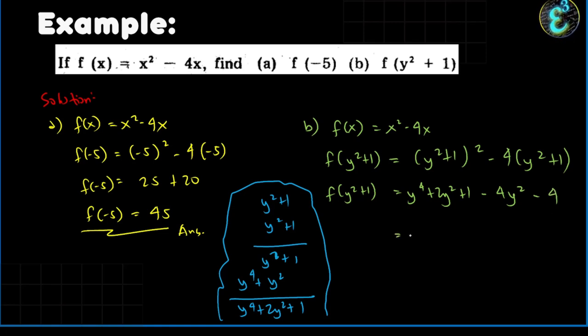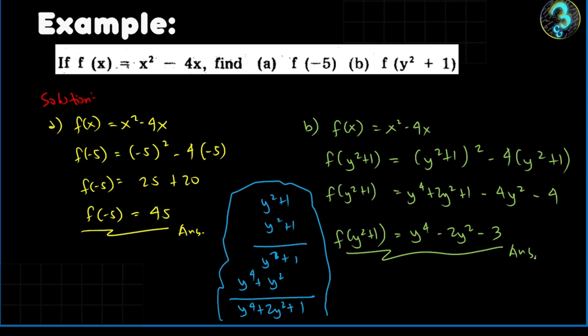Combining like terms, we have y to the fourth, plus 2y squared minus 4y squared, which is negative 2y squared, and positive 1 minus 4, which is negative 3. So y to the fourth minus 2y squared minus 3. This now will be our answer.